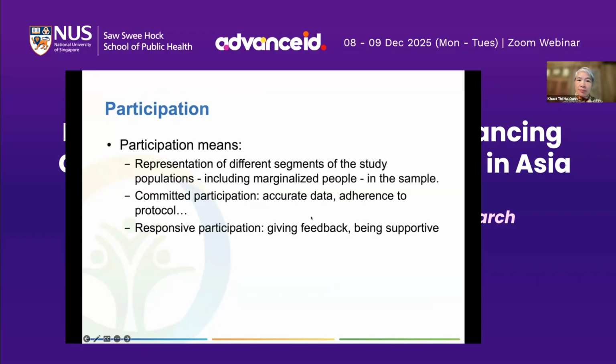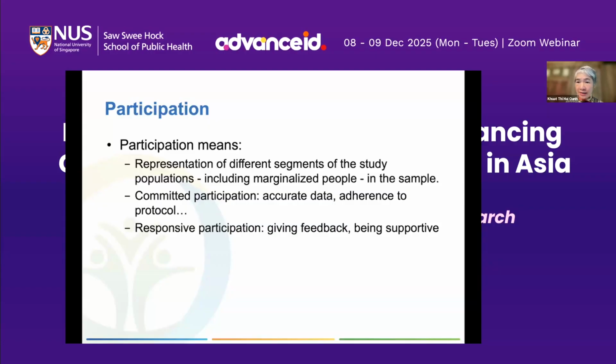So in terms of participation, in the broader sense, when you say we have good participation, first we need to have a representation of different segments of the study population, including the marginalized people, in the sample, right? So when you do a sample of women, do you have a representation of all different groups of women?